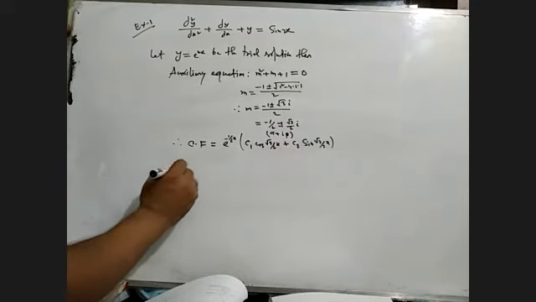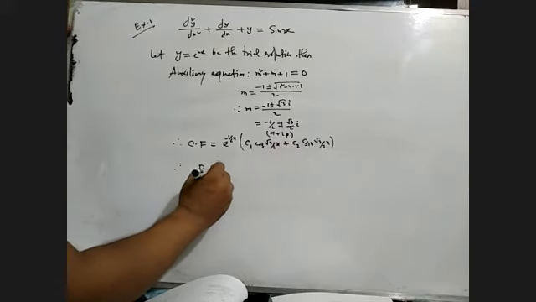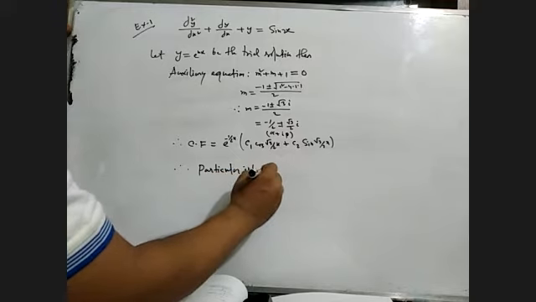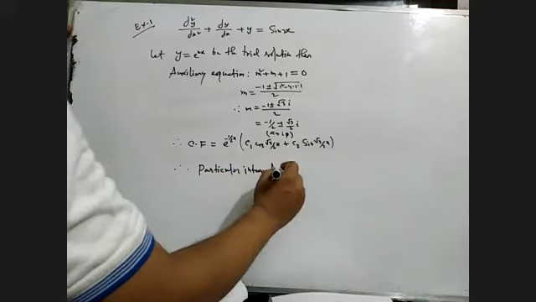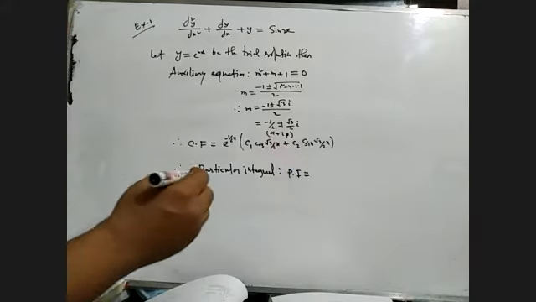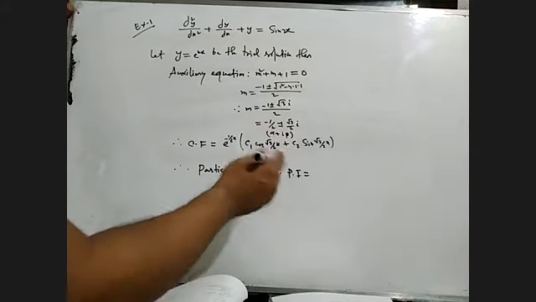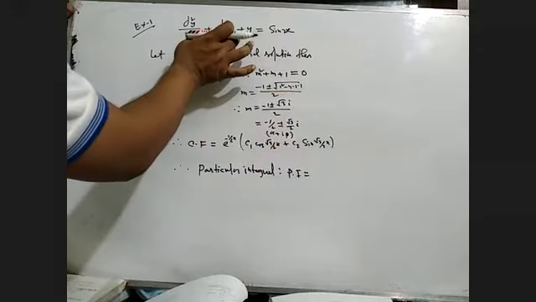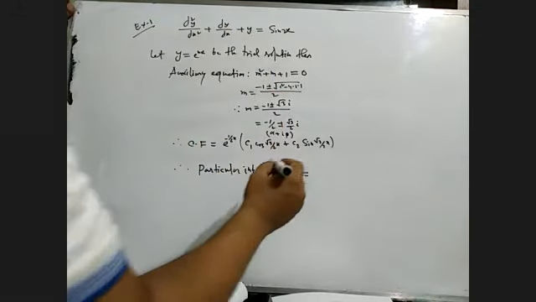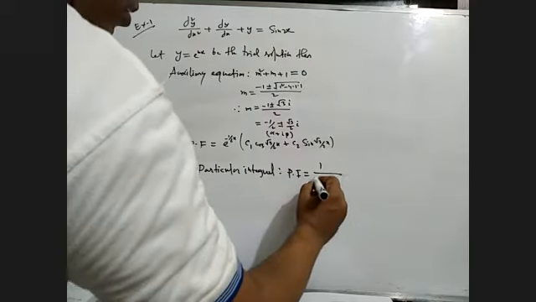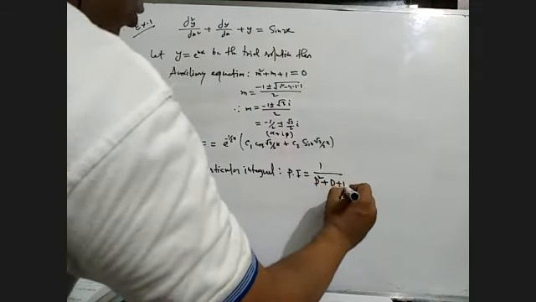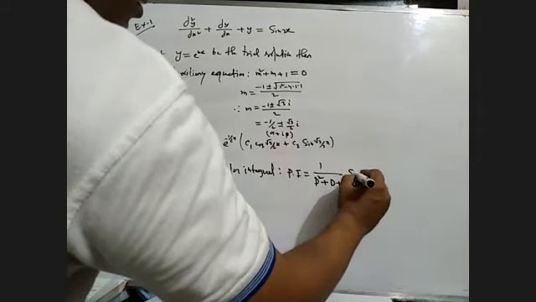Now, how to find the particular integral, or PI? Particular integral means we can write it as 1 by (D square plus D plus 1) times the right hand side.